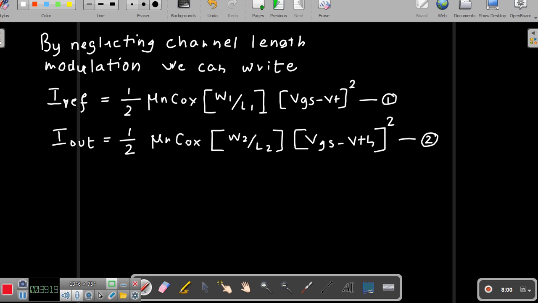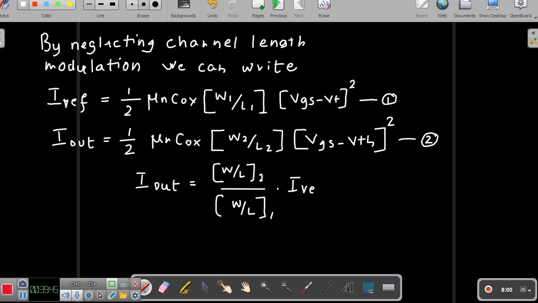So now I have I out here. I out is equal to W by L of the second transistor divided by W by L of the first transistor into I reference.